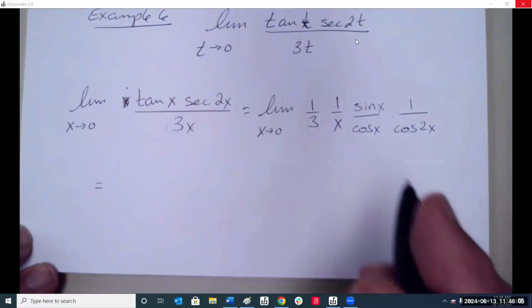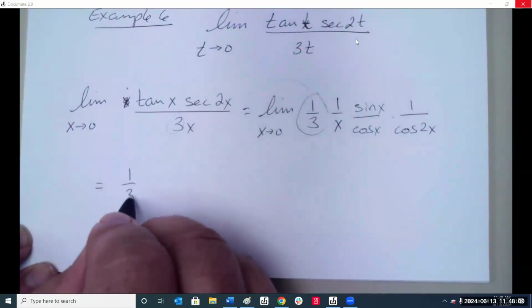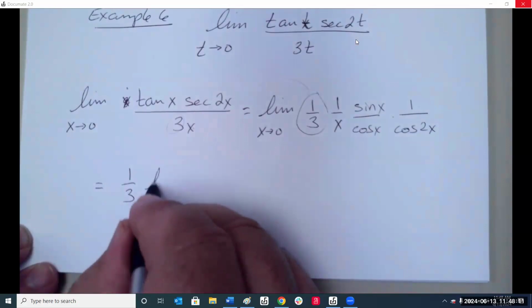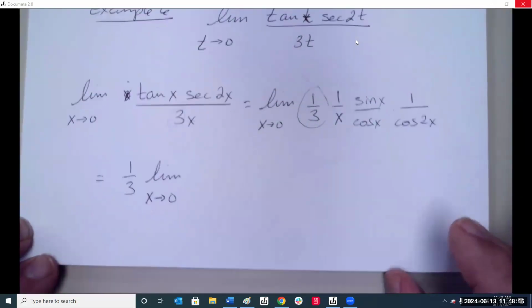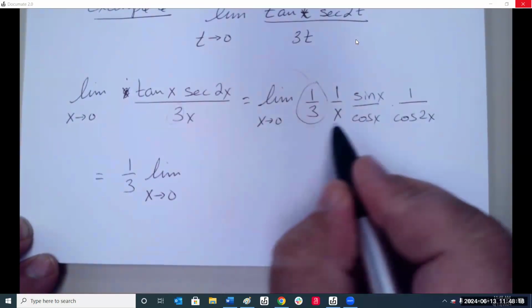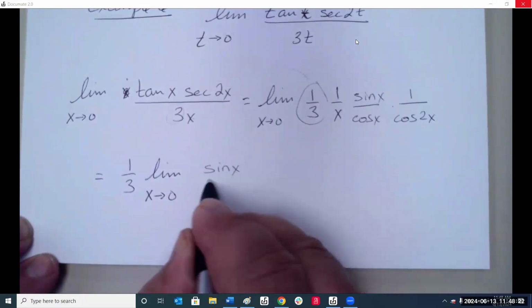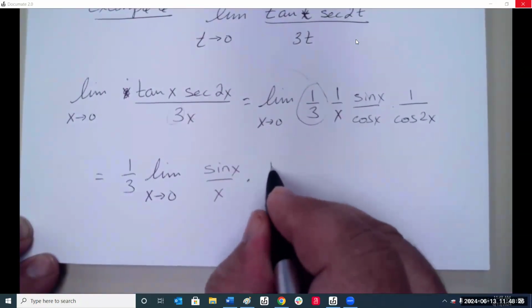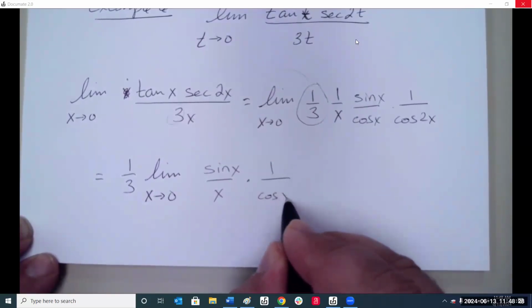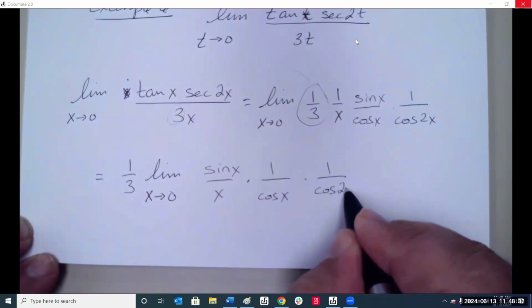Now we can move things around. The constant can go out in front. Limit as x approaches 0. We know the x has to be under the sine x. Times 1 over cosine x times 1 over cosine 2x.